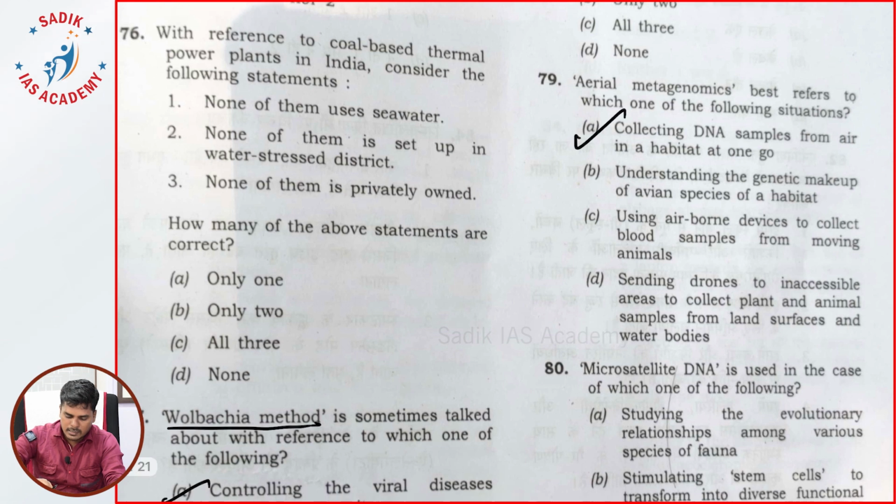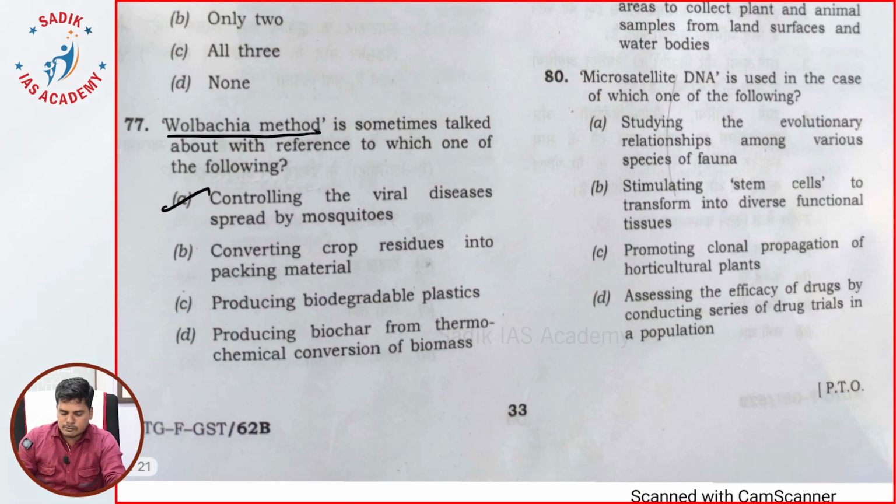Question number 80. Microsatellite DNA is used in case of which one of the following? Microsatellite DNA is a DNA study mechanism where we use that technique to mark for finding the linkages. So which means option A, studying the evolutionary relationship among various species of fauna.